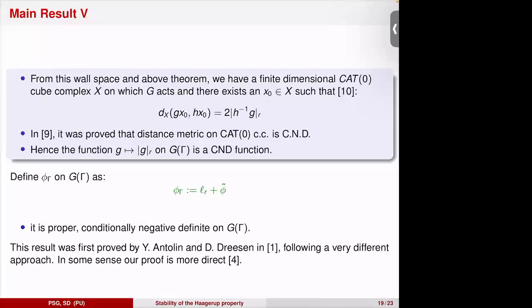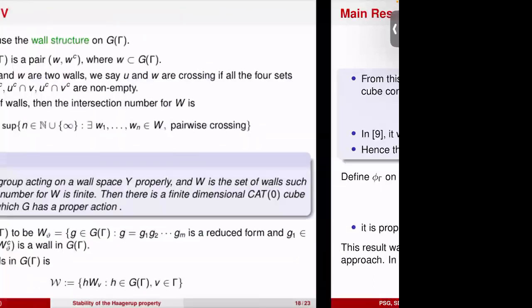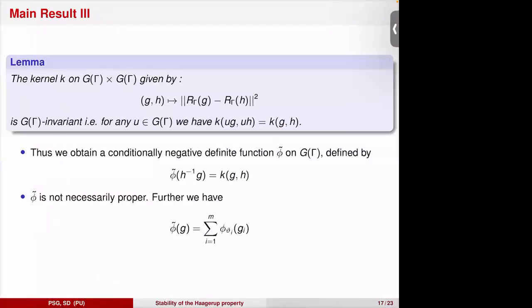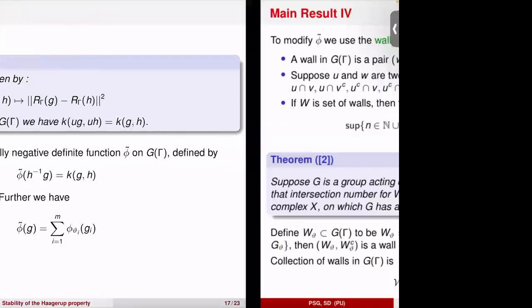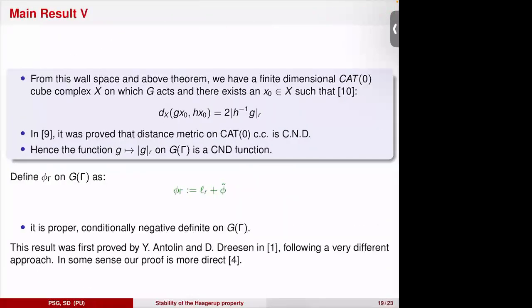So we now modify our phi tilde. Previously, remember, we defined our phi tilde like this, that is the norm of r gamma g minus r gamma h, norm squared. So we modify it by just adding the reduced length function. Our main function from the graph product G gamma to R, phi gamma, will be defined as this LR on small g plus phi tilde on small g.